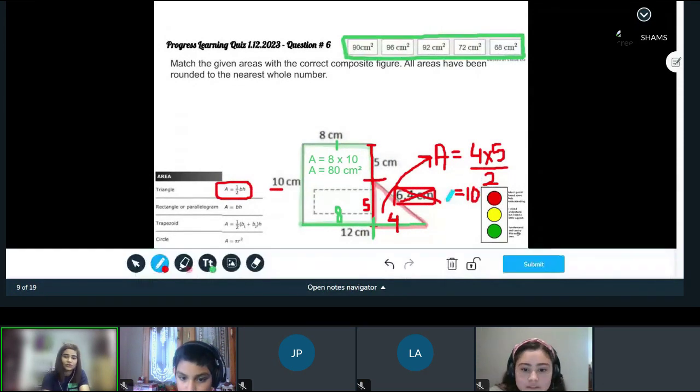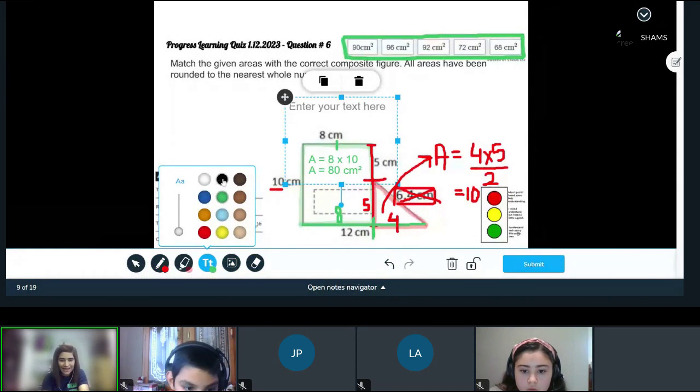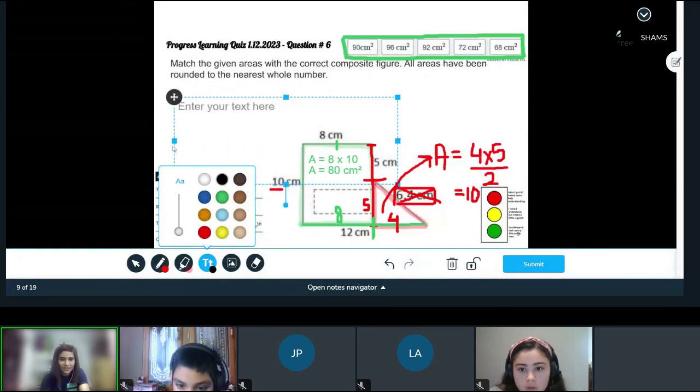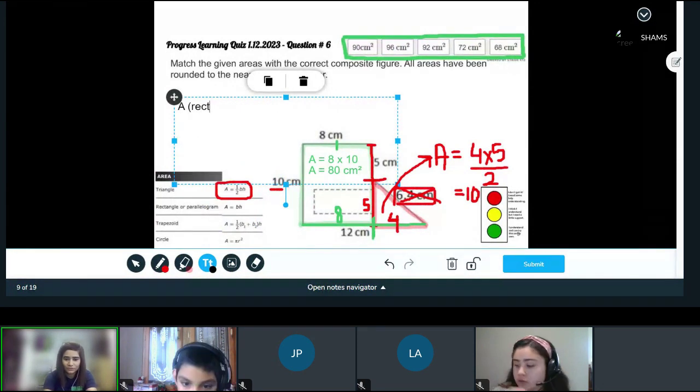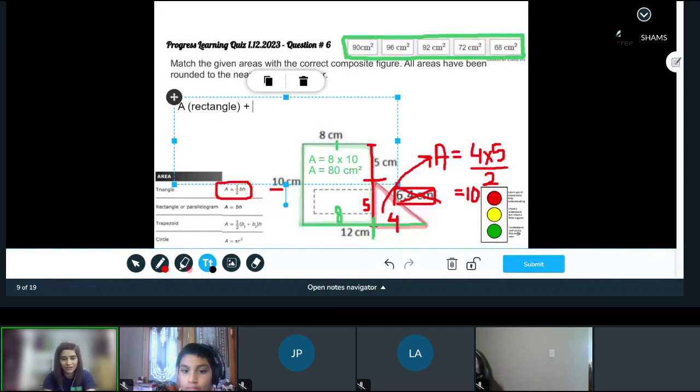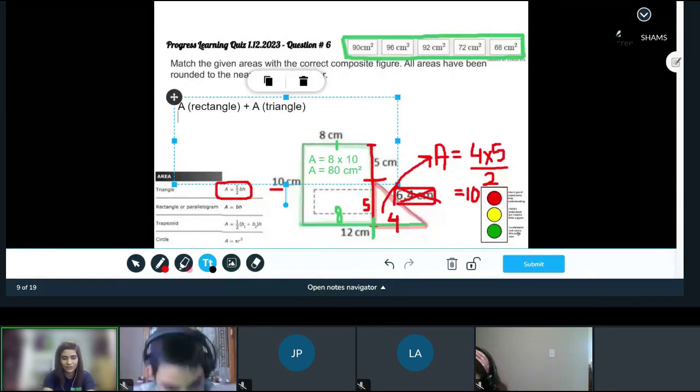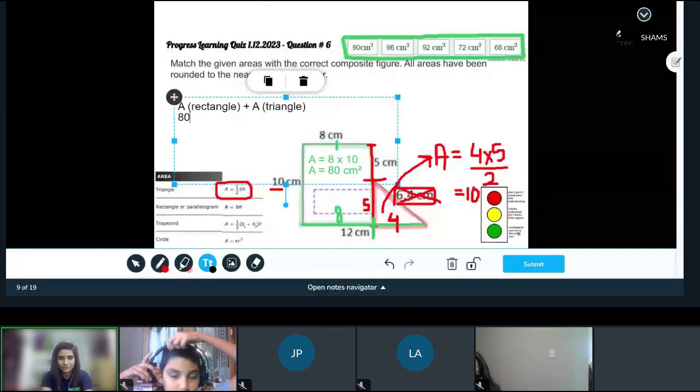In order to find the total area of the composite figure, we have always talked about how we add and combine the two areas. We will combine the area of the rectangle with the area of the triangle, right? Let's go ahead and do that. So we do area of rectangle plus area of the triangle. If we combine them, we get the total area. For the rectangle, the area was 80.